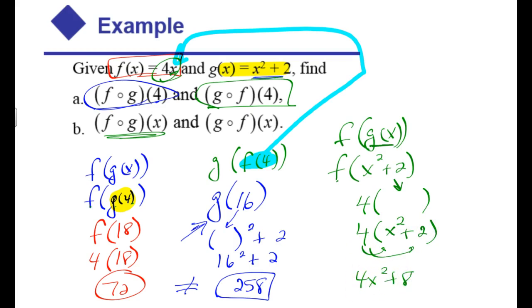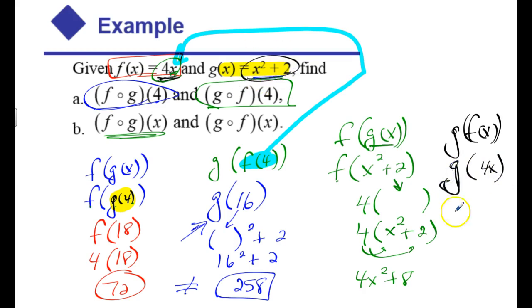The last example goes the opposite direction, g at f at x, and the f at x function is 4x, so I'll write g at 4x. Now this says go to the g function. Oh, here it is in yellow again. But instead of writing x squared plus 2, that's the whole g function, I think the trick is to replace x with parentheses.